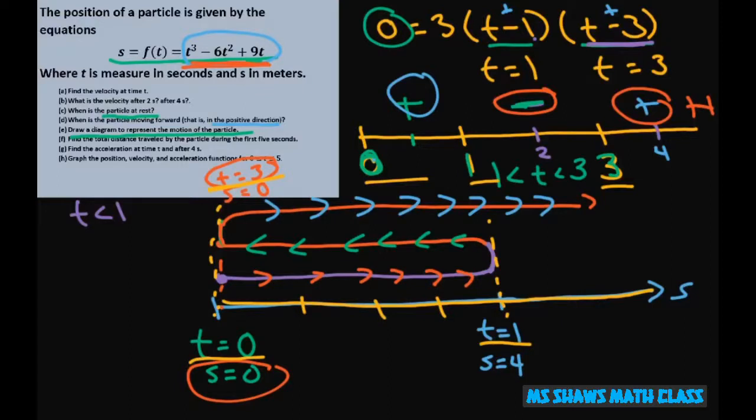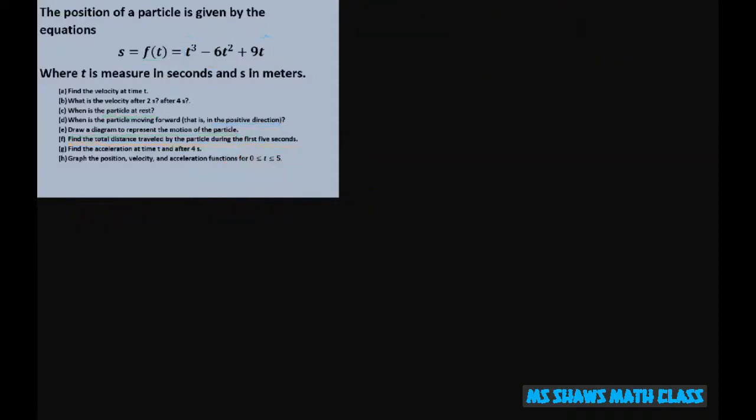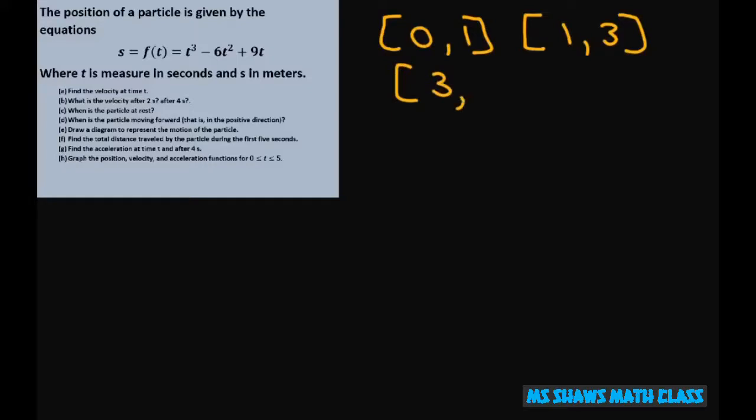Now what do we have to do? Find the total distance traveled by the particle during the first 5 seconds. So what we're going to do is we're looking at the intervals from 0 to 1, where it's positive, from 1 to 3, and then after 3, it's positive, but they only want us to go the first 5 seconds.